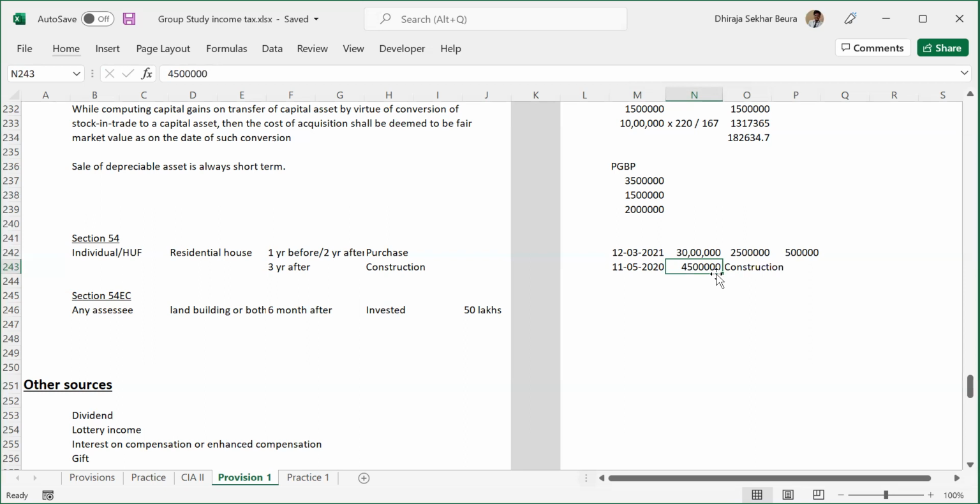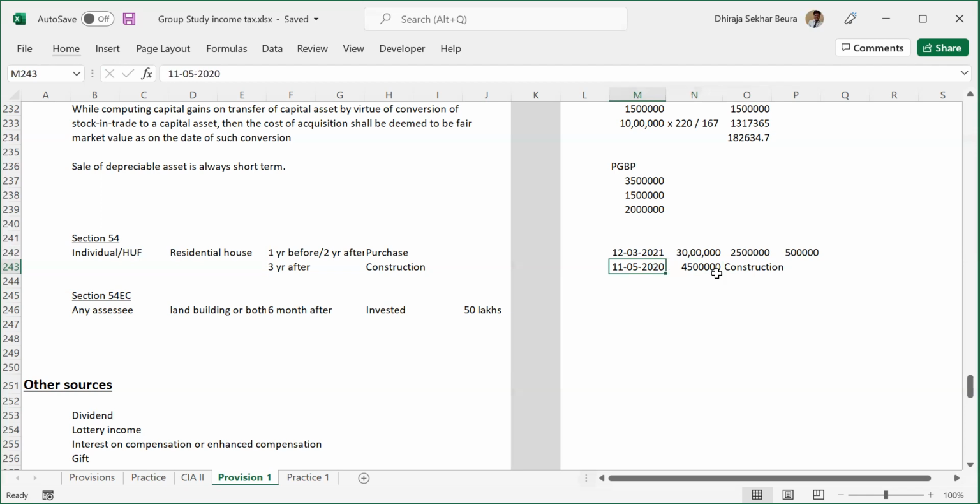Is it not 3 years after? No, like we can see there is a provision, right? 3 years after, if it's construction, then it's claimable in full, right? You will not be able to take it because it is only after the sale that we can take. Absolutely correct. So the 1 year before is only for purchase, not for construction. If the construction is being made, construction has to be done after, not before.